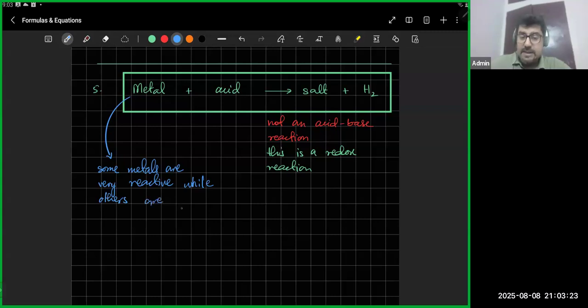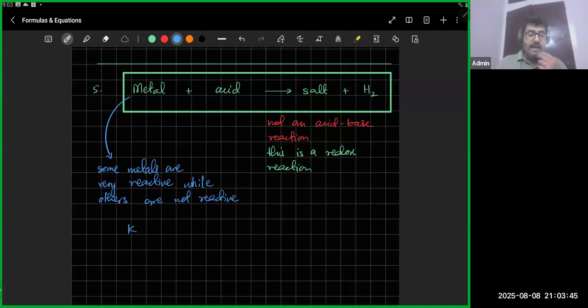It's going to take them years or centuries to react. So you get a huge variety of reactions because some metals are reactive and some are not very reactive. There's a reactivity series which we're going to do later on.